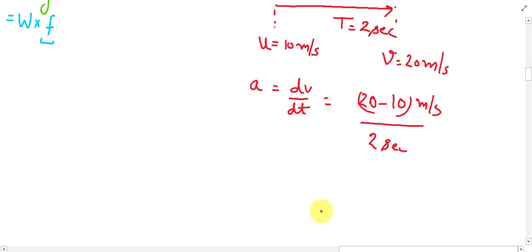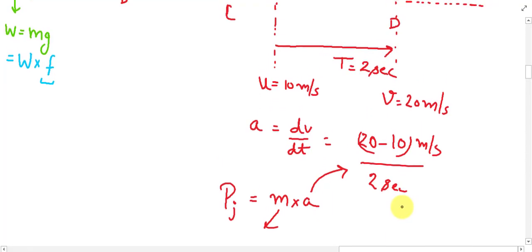This extra work done is given by the inertial resistance due to acceleration, and its value is m into a, where a is taken from this point and m is taken from the table according to vehicle classification.